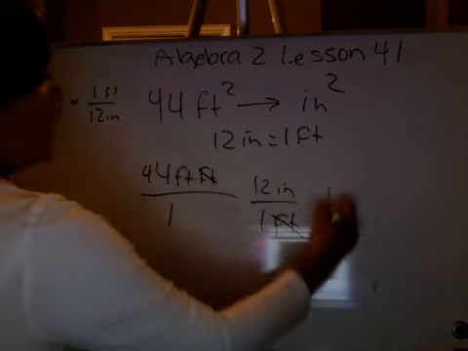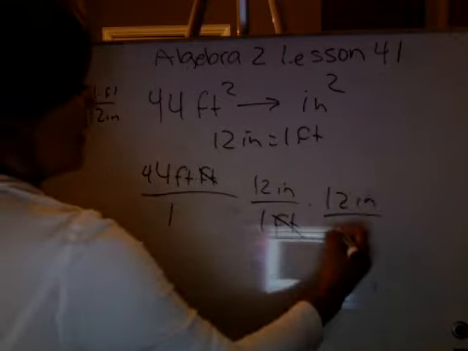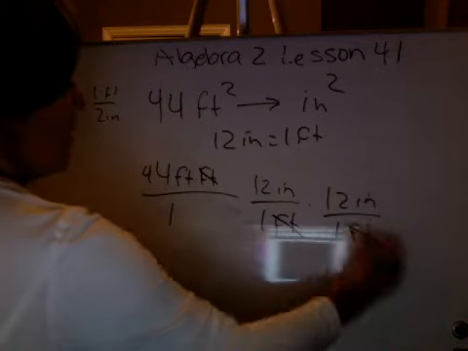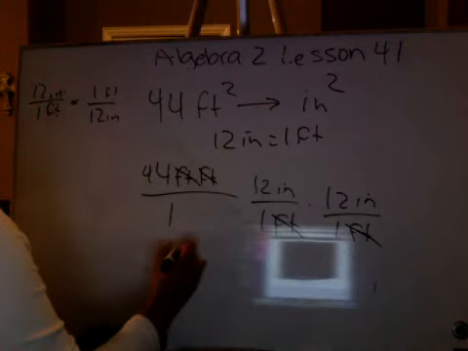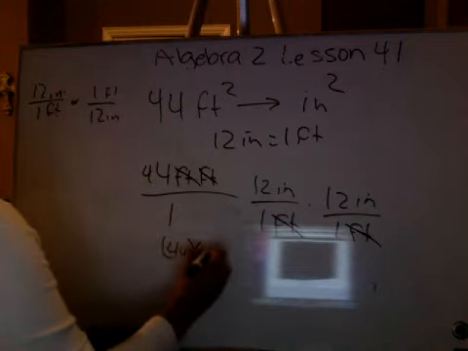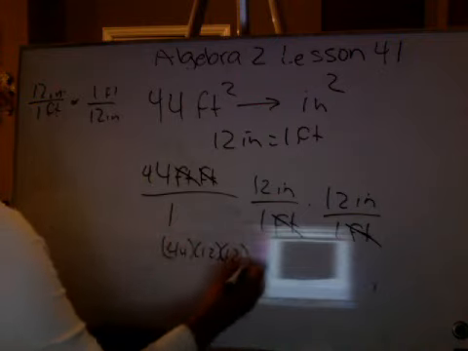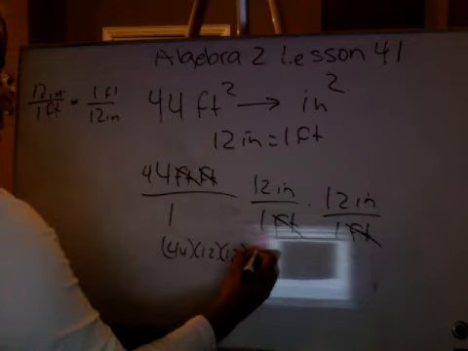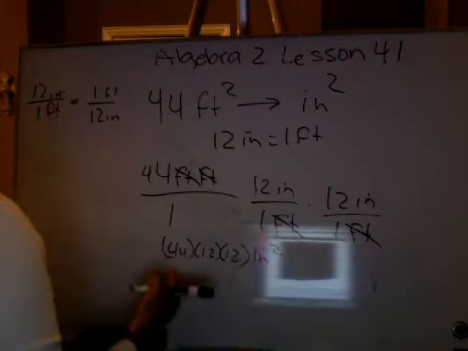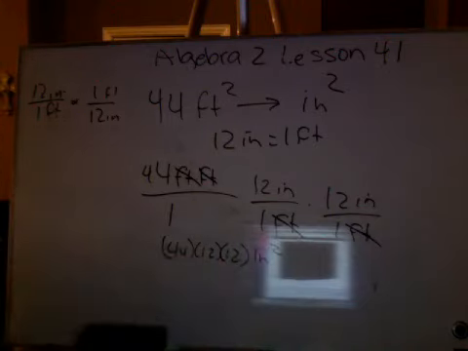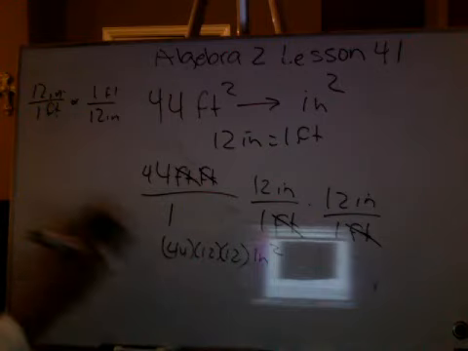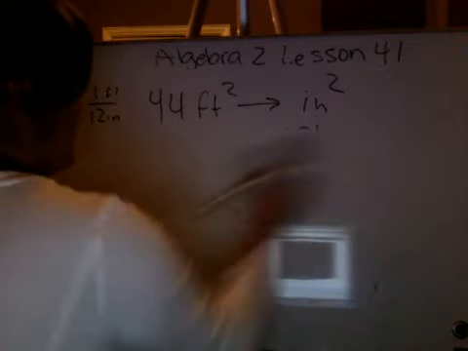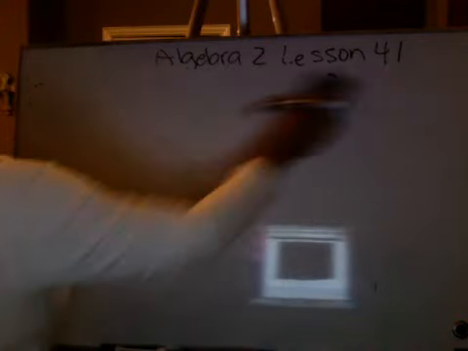So I have to do it again. Now my feet are gone, and I'm left with 44 times 12 times 12. Inch times inch is inch squared over 1, or anything divided by 1 is itself. And that's your answer. Now, you can multiply it out or leave it. The book is letting you leave it right now. So, you can leave it as is.